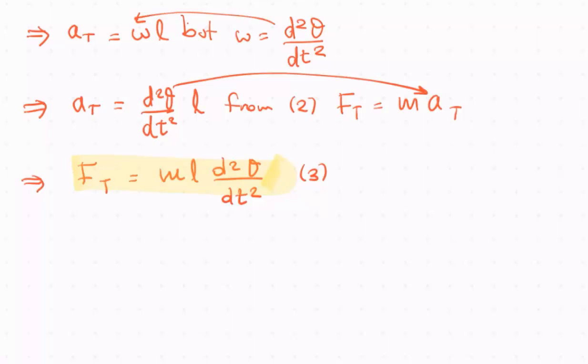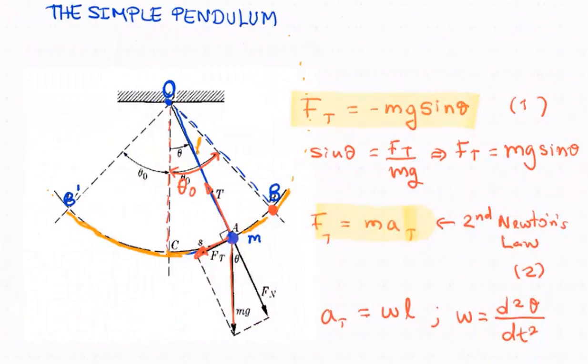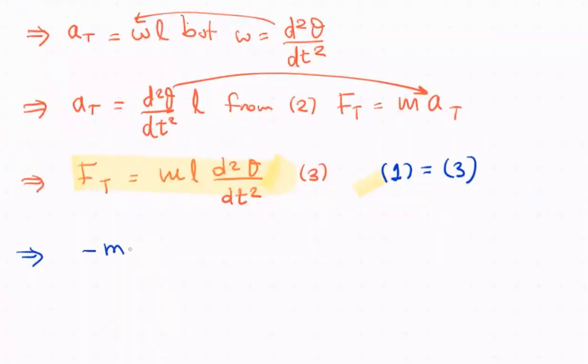Then, making equal equations number 1 and number 3, we have minus mg sine of theta equal to ml second derivative of theta with respect to time.